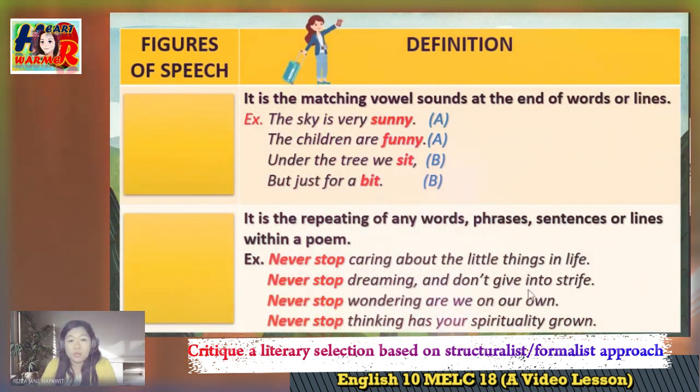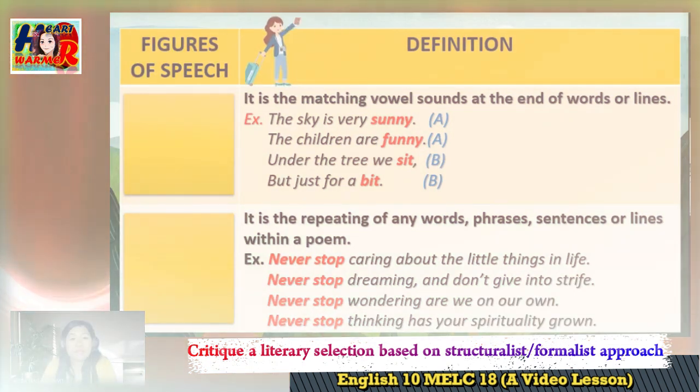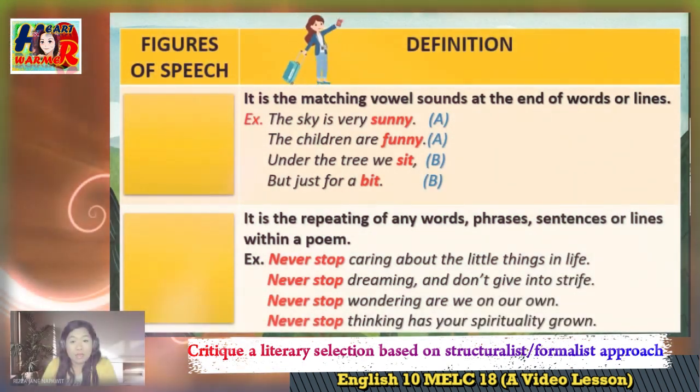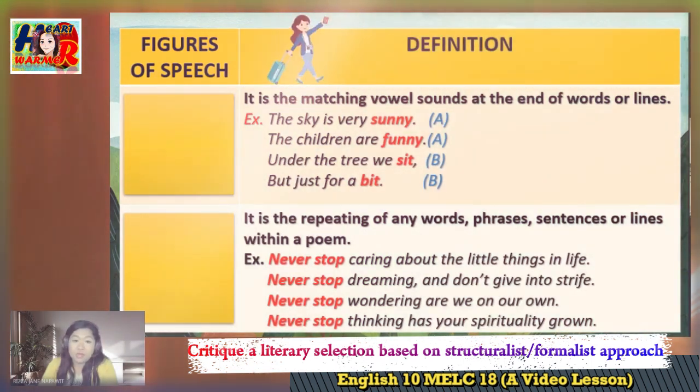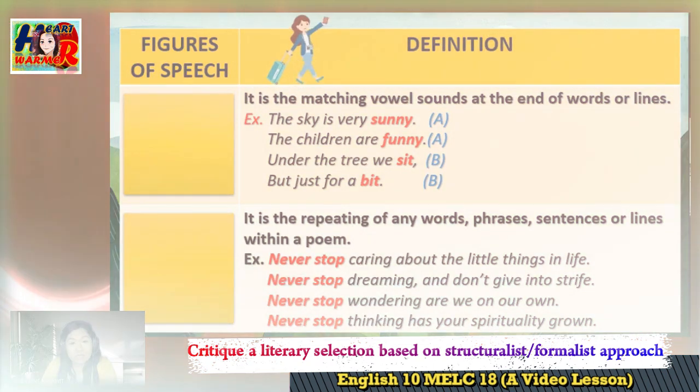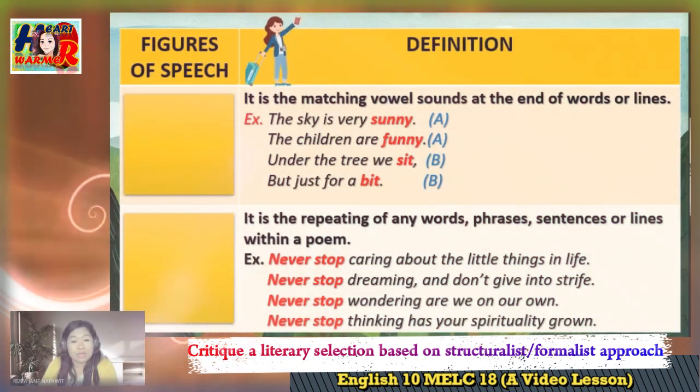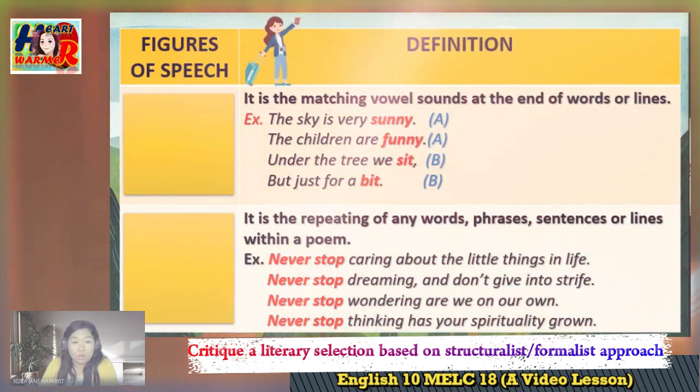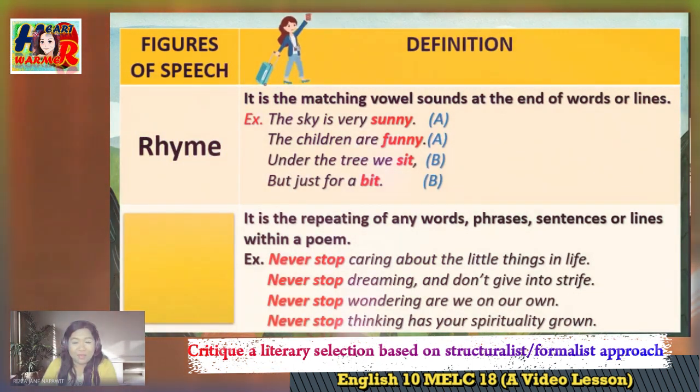Alright, so let's proceed to the next. It is the matching vowel sounds at the end of words or lines, like the sky is very sunny. It has the same sound with funny. Sit has the same sound with bit. As I have shown you a while ago, this is referring to rhyme.